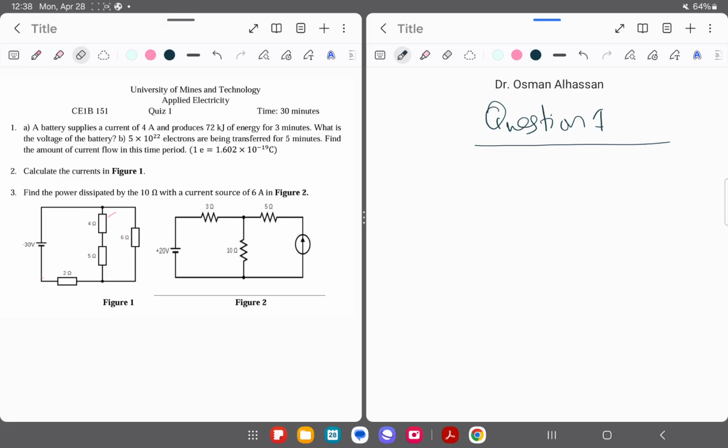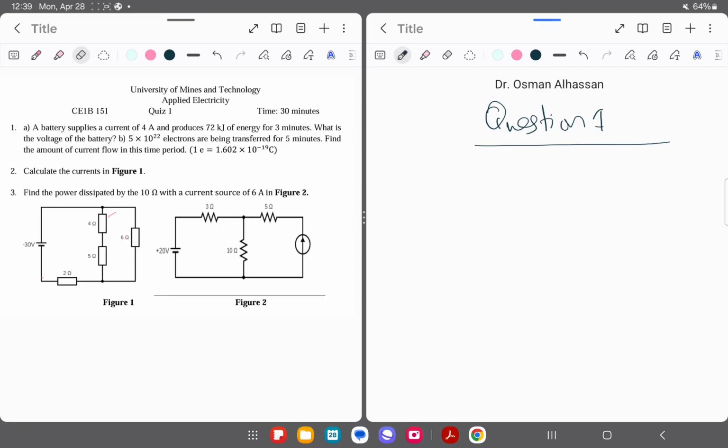What is the voltage of the battery? That's question A. And then B, 5 times 10 to the power 22 electrons are being transferred for 5 minutes. Find the amount of current flow in this period. You can see that it talks about voltage, energy, and then electrons, and then the time period, right?